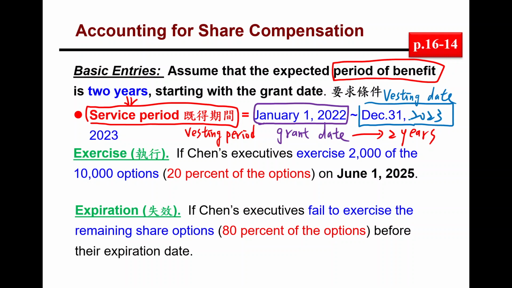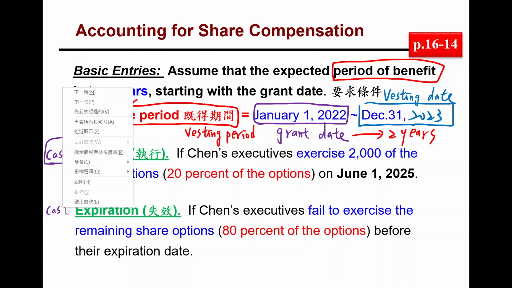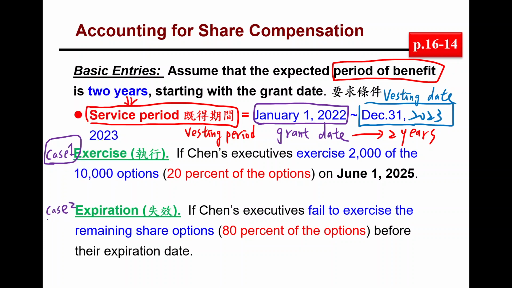Here it says 20% of options they decide to exercise. 80% they decide to give up the right. So this is case one, they want to exercise the right. Case two, they give up the right.